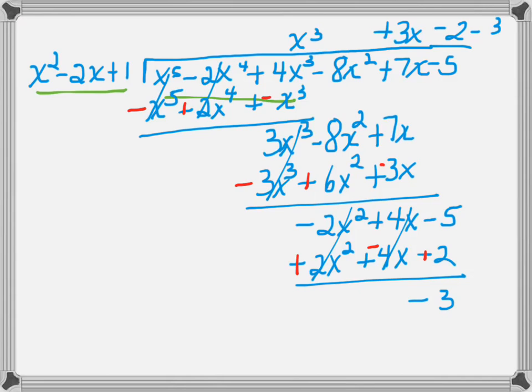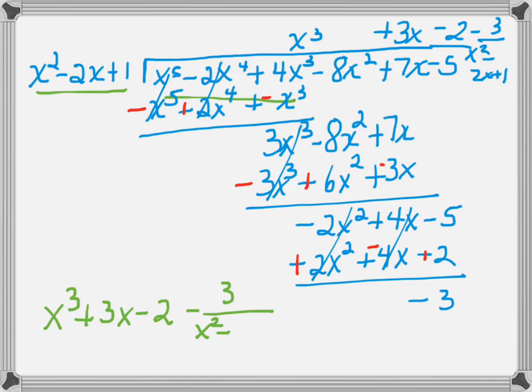I'm going to try to squeeze this in, but we put negative 3 over x squared minus 2x plus 1. So we get a depressed polynomial of x cubed plus 3x minus 2 minus 3 over x squared minus 2x plus 1.